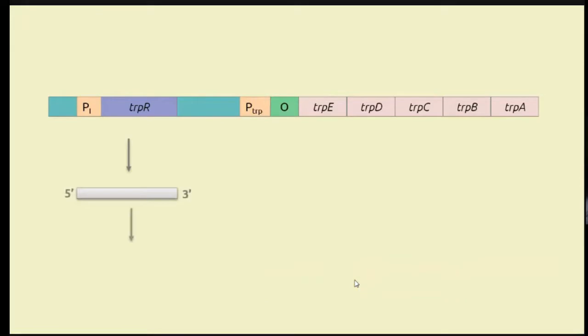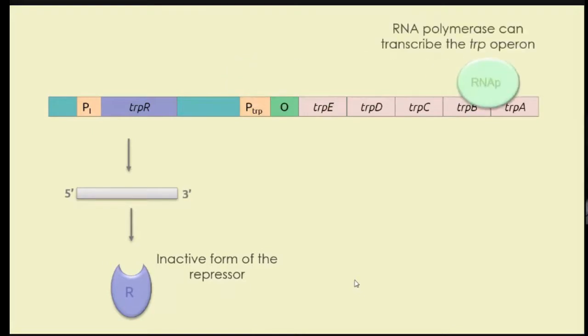Next naman, if walang tryptophan sa loob ng bacterial cells, meron kang inactive form ng repressor and yung RNA polymerase can transcribe your trp operon. So in this case, kailangan mo ng tryptophan doon sa bacterial cells. So since wala kang tryptophan na available, wala ring magbabind dito sa repressor protein.